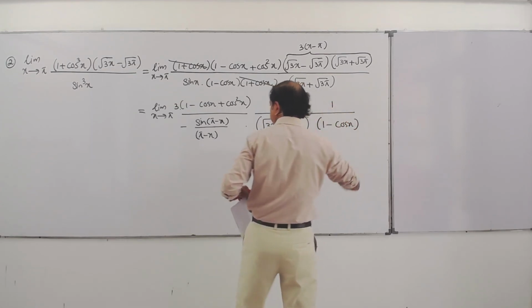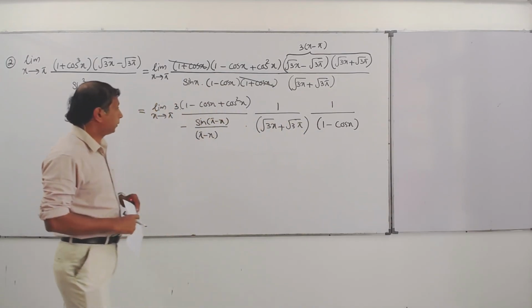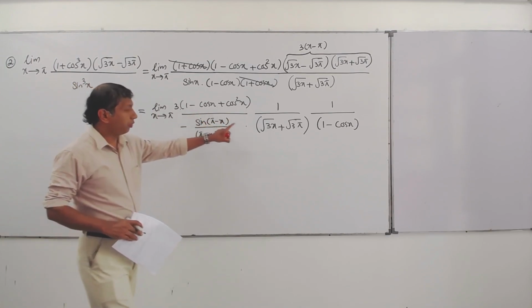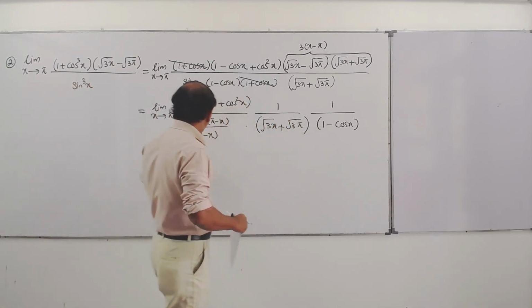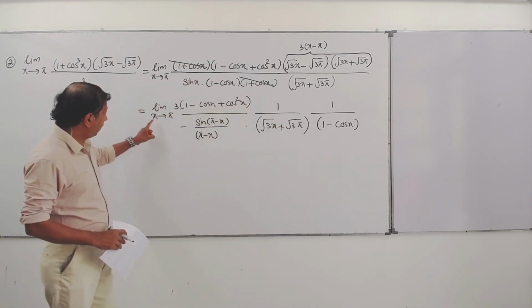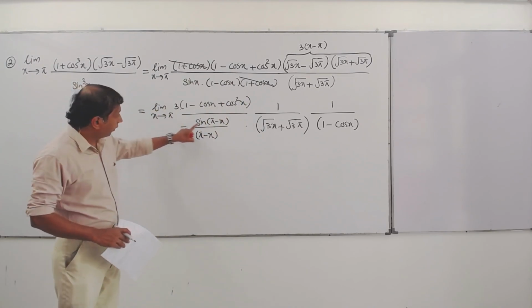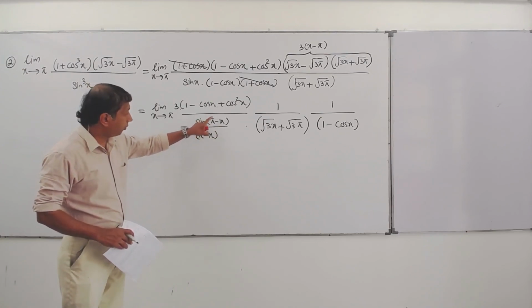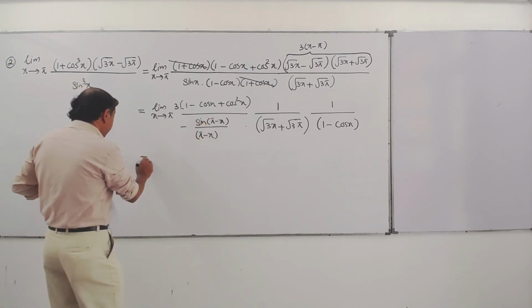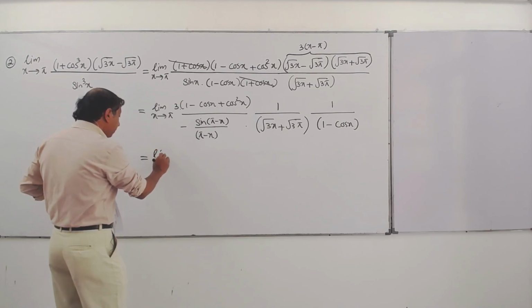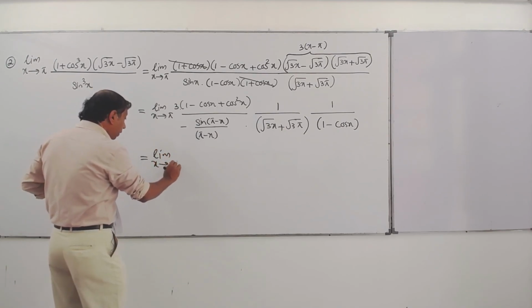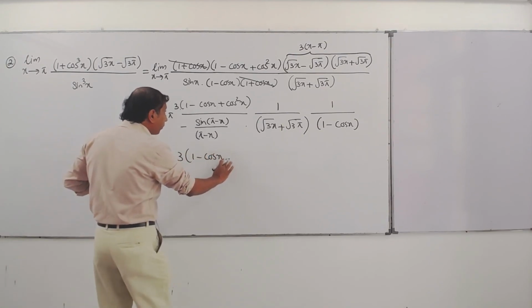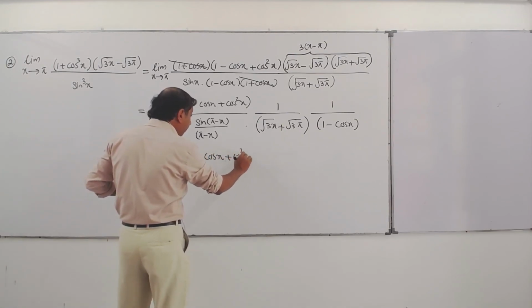This is right. Now what I do next is apply the limit x going to pi for this, and this separately, and for this also. You know, when x goes to pi, the difference pi minus x goes to 0. Then here we have sin theta by theta. Then I can write it like this: limit x going to pi of 3 times 1 minus cos x plus cos squared x.